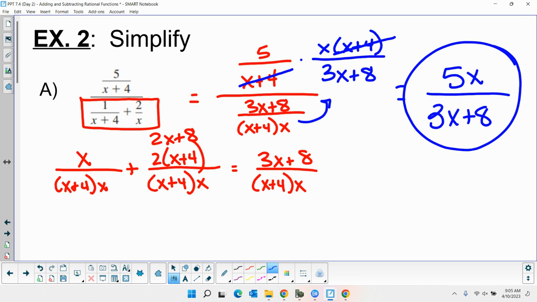So we did this addition problem in the denominator and made it a single fraction. So then we have a fraction divided by a fraction, which we turn into multiplying by the reciprocal. That's how you take care of complex fractions. They're a fraction within a fraction.